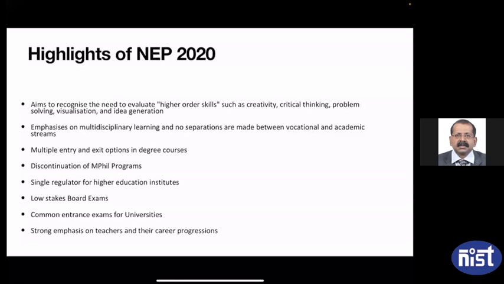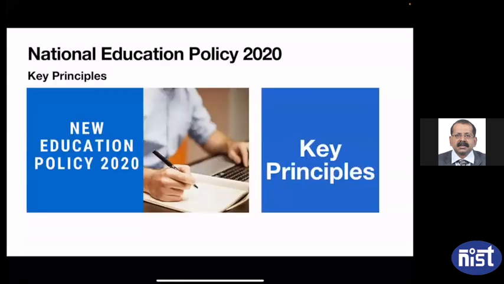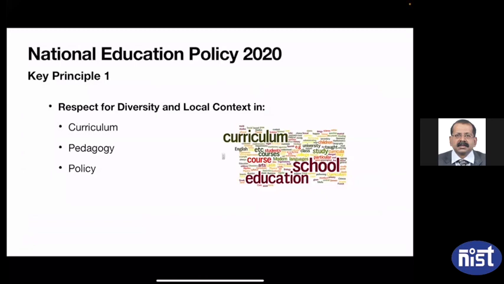So now let's look at some of the key principles which are based in the policy. The policy envisages respect for diversity and local context in curriculum, pedagogy, and policy. Now, how would this come?